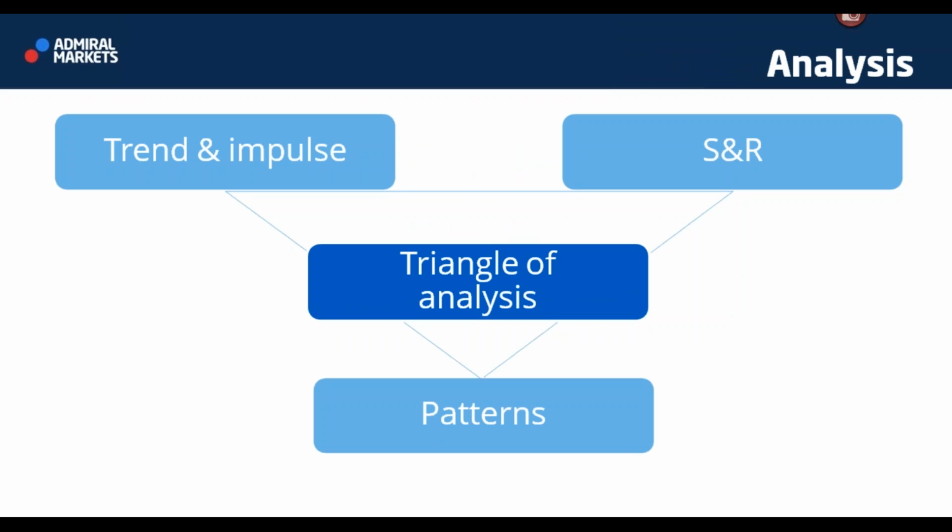All right, so analysis and trading. We talk about it quite often in the trading rooms that we have on Tuesday, Wednesday, for instance, where we take a look at the live market environment in the morning. And often I mention the triangle of analysis. The triangle, as you might know, consists of trend and impulse, so the direction, where is price heading to.